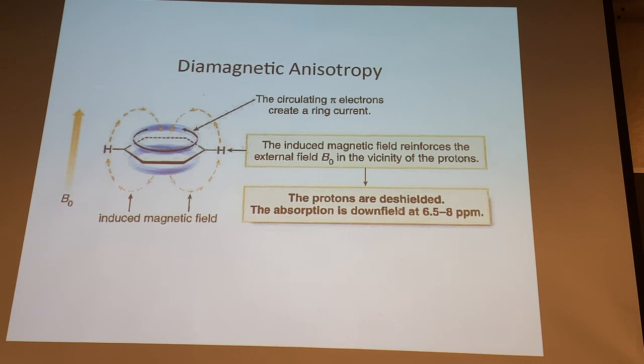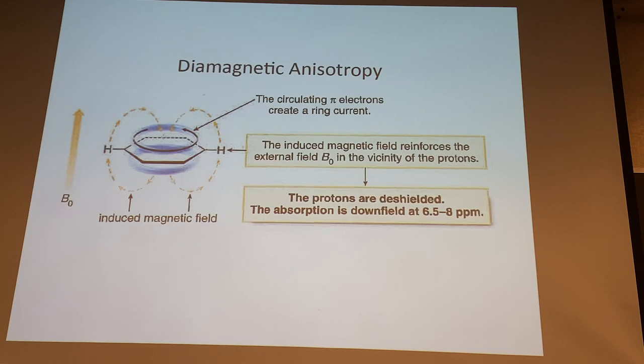And this is because we have this circulating ring current. We'll have to look at the models tomorrow and go through this carefully, but if you have a ring of electrons, right, in a pi bond or an aromatic group, you have all these p orbitals full of pi bond electrons, right? Well, they can create their own little electrical field.